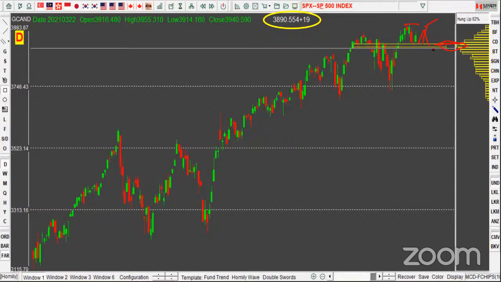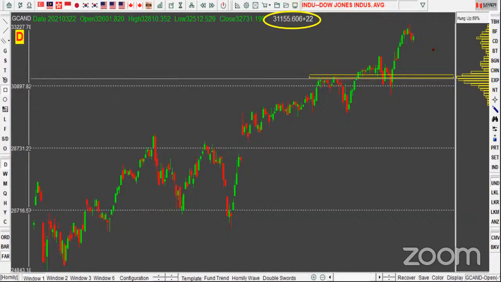And then for Dow Jones, we see currently the strong support is quite far away from the current price. We see most of the chips are around the 31,155 points level, right? So what does it mean?